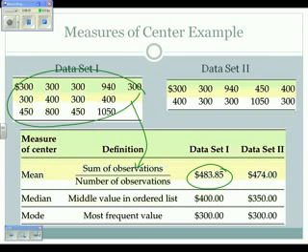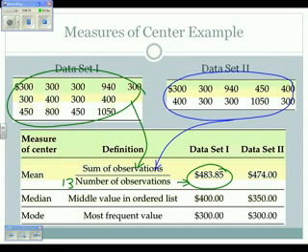So all of these data values get added together. That's the sum of the observations. And then we divide by the 13 to get 483.85. For data set number 2, we would add all of those values together, and we would divide by what? 10, because there are 10 data values here. So we would add these and divide by 10.